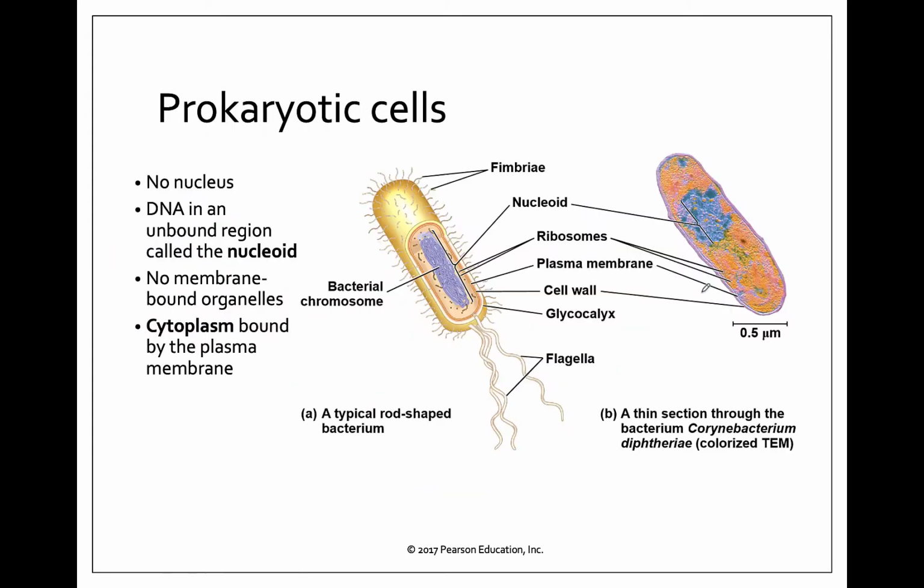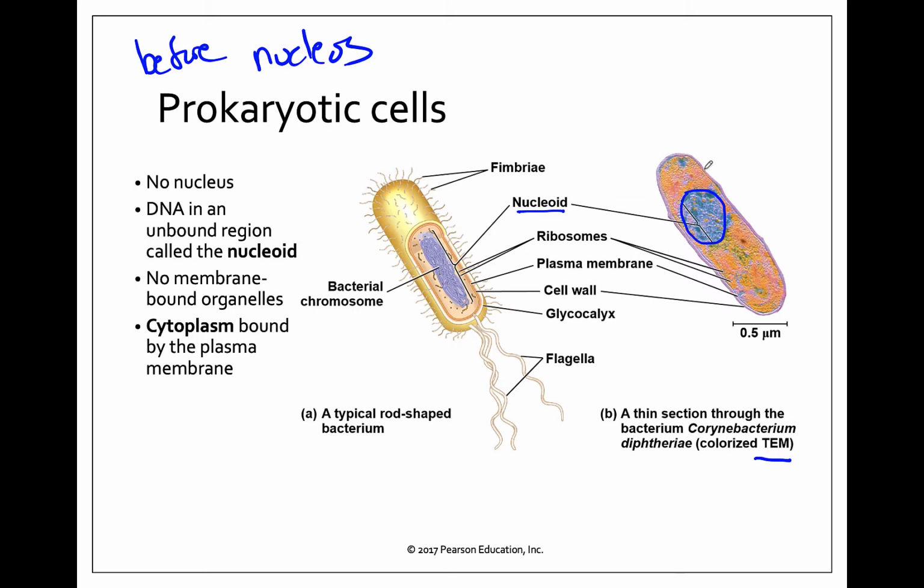So here is the basic structure of a prokaryotic cell. Again, this means before nucleus. So there is no nucleus here. You can see that it does have some chromosome here. There's one chromosome, and it is kind of all bunched together in a region called the nucleoid. So here's that nucleoid region. We've got that one chromosome all wrapped up, but there's no membrane surrounding it to make it a nucleus.